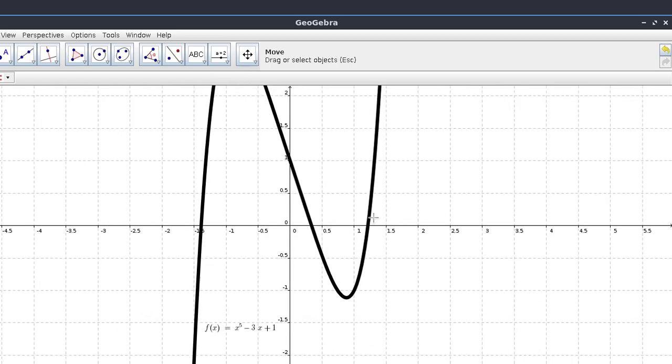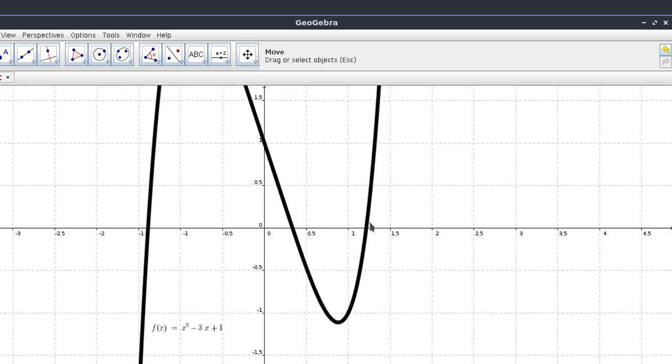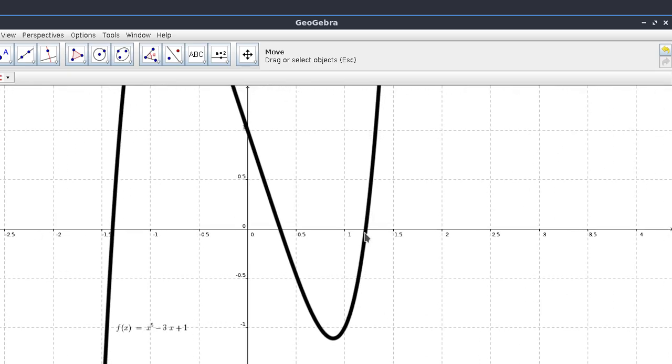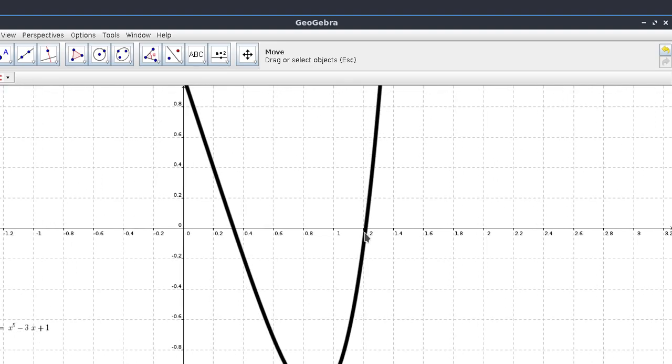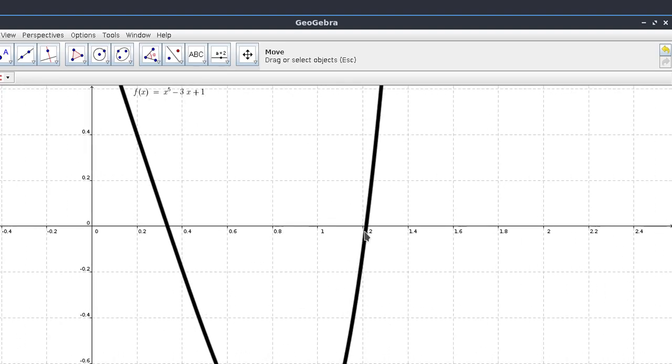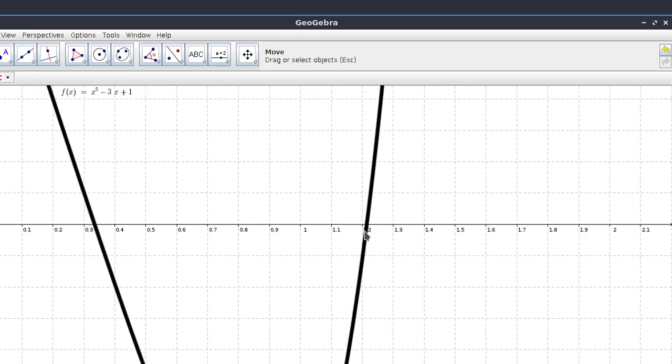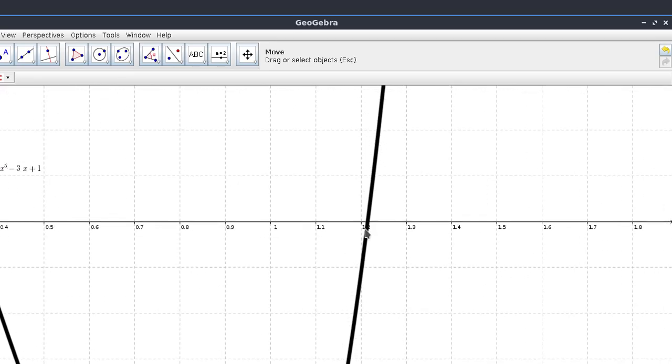Now, let's zoom into the graph. This was the root, as I remember, and we got really, really close to this root.